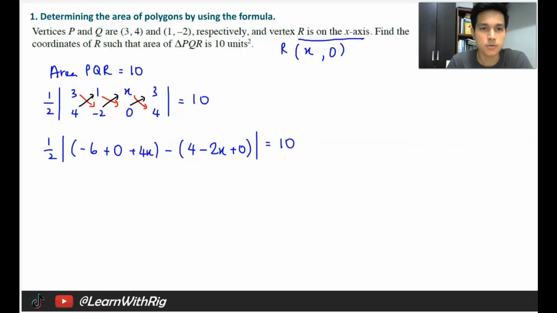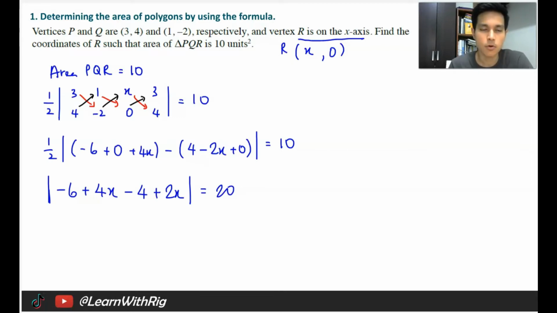So first thing I'm going to do is shift the 1 over 2 to the opposite side. So what should I get? I should get the modulus remains, and what is in the bracket becomes negative 6 plus 4x minus 4 plus 2x equals to 20.